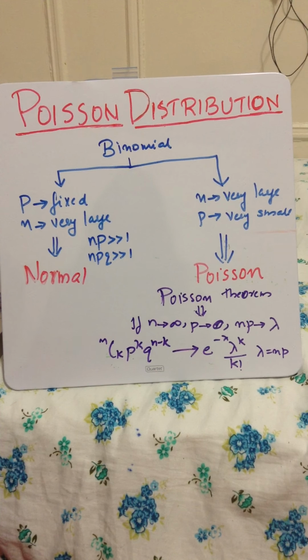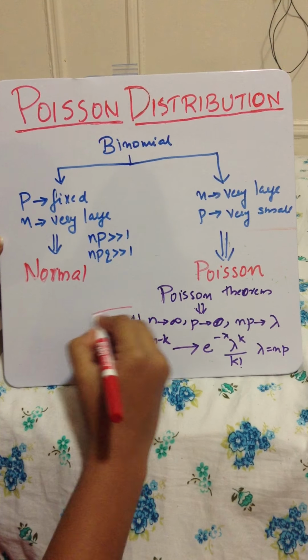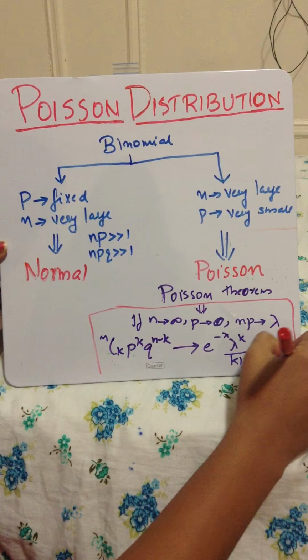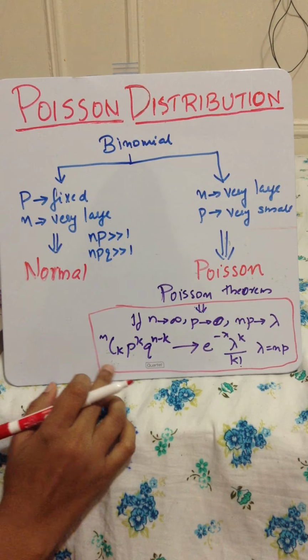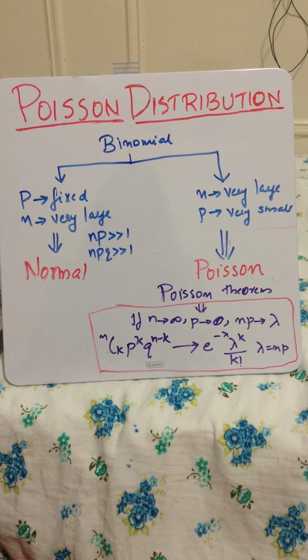So this is our Poisson theorem. We can actually prove this. It is a little complicated but can be proven.